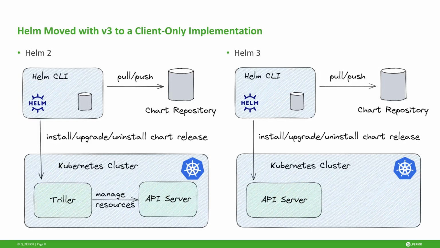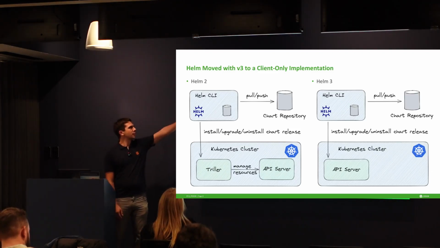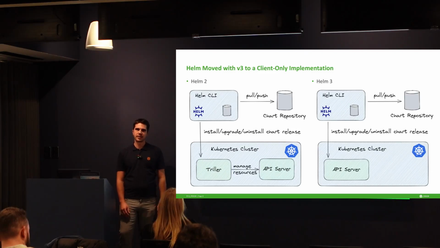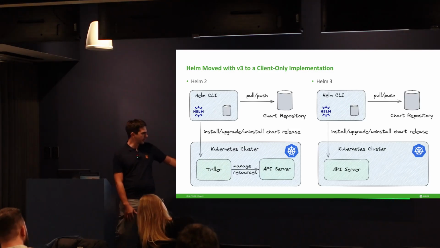Now, for people that used Helm before, maybe a little bit longer ago, and thought it's not really what you wanted, be careful to not think of Helm as Helm version 2. Now we are in Helm version 3, and they have significantly changed the architecture. In Helm 2, you had a Tiller.